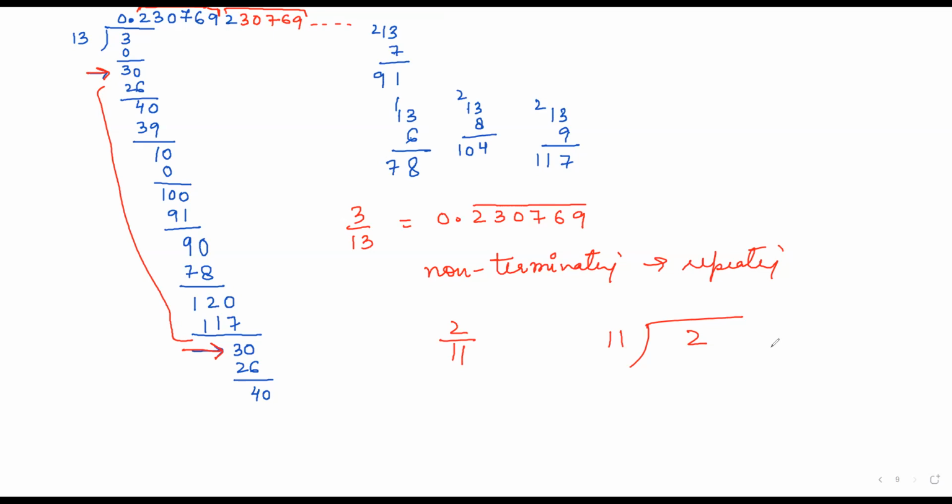Ma'am, my answer is 0.1818, 181818. Okay, it will keep on coming. Okay, so who was speaking, Zeba or Jesslyn? Ma'am, Zeba. Zeba, okay. So this is right. Now, what kind of expansion is it? Non-terminating and repeating.